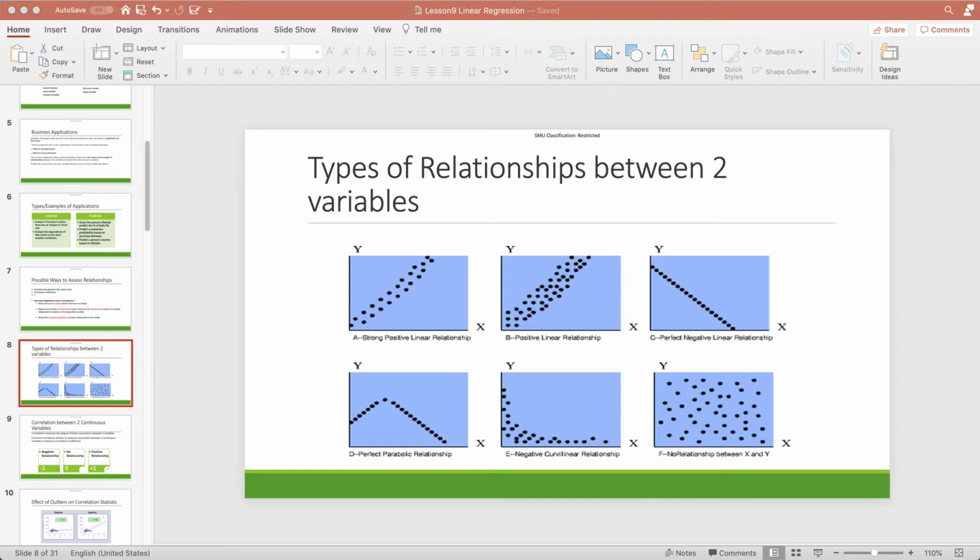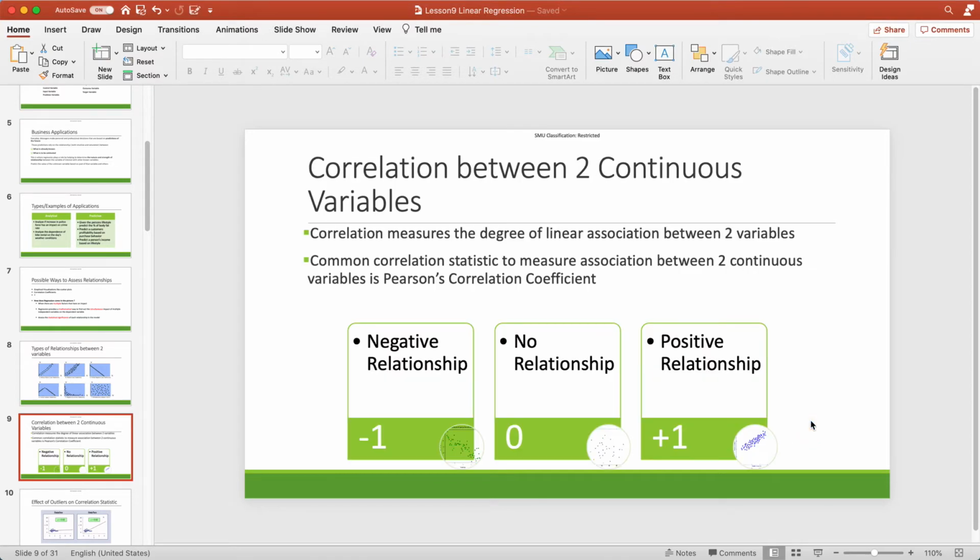So let's go to the next slide, where I'm going to talk about correlation coefficients. Correlation between two continuous numeric variables can be measured with the help of the correlation coefficient.